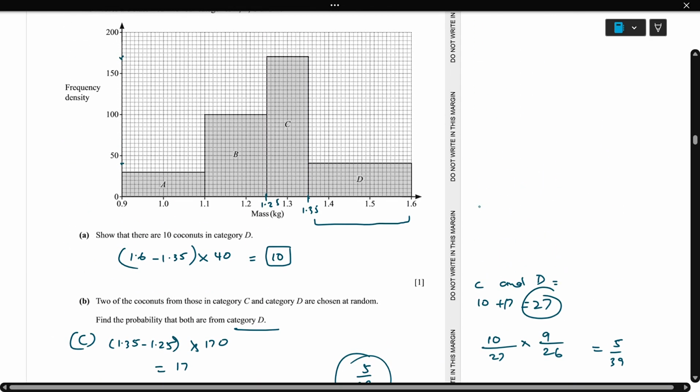Out of 48, we need to find the midpoint, so we need to find the mean. So midpoint times the height.